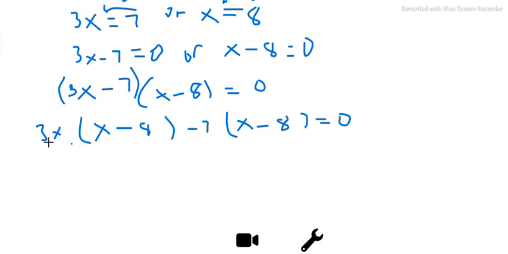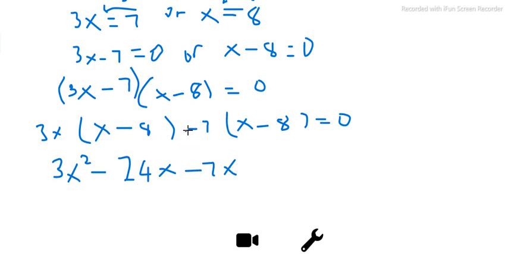So we open the bracket here now. 3x times x will give us 3x squared. Minus, there is no sign at the front here, 3x times 8, that will give us minus 24x. Minus 7 times x will give us minus 7x.